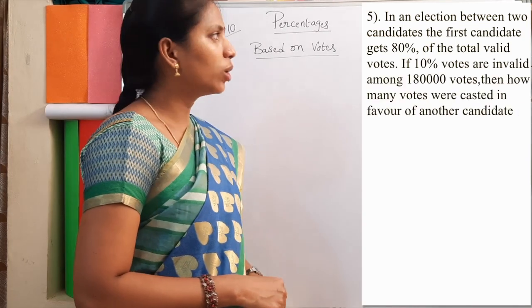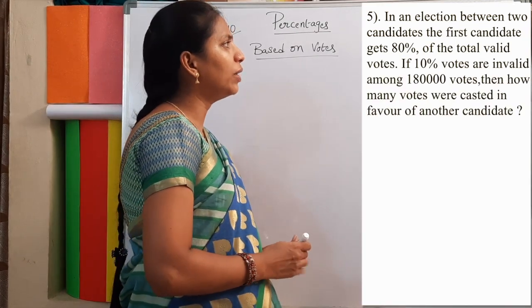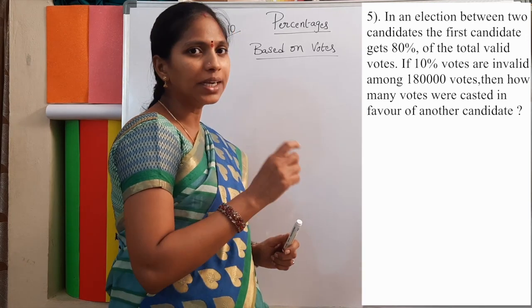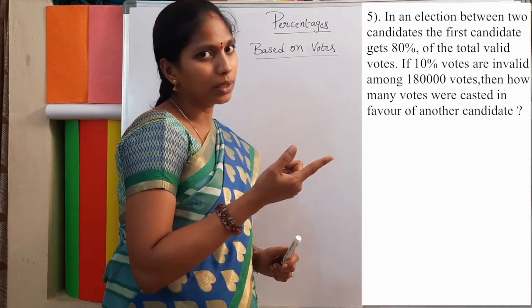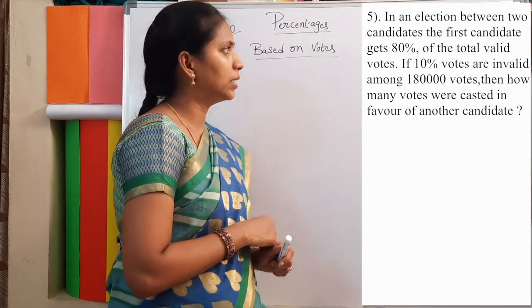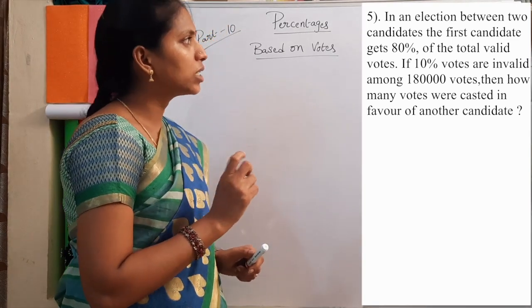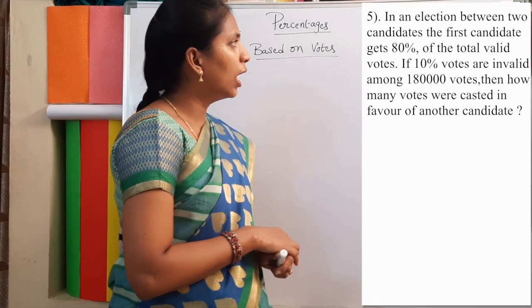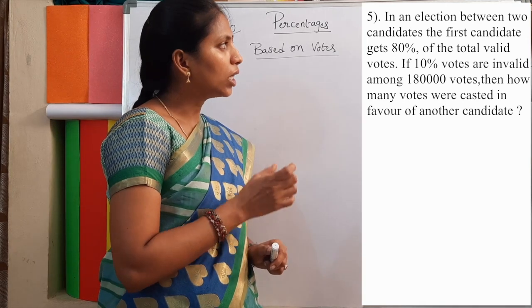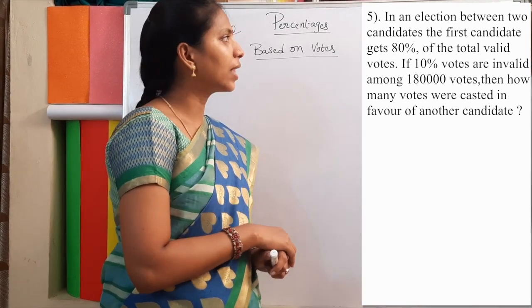It's a very important question. In an election between two candidates, the first candidate gets 80% of the total valid votes. Valid votes means there are some invalid votes. If 10% of votes are invalid among 1,80,000 votes. See, the total number of votes is 1,80,000.